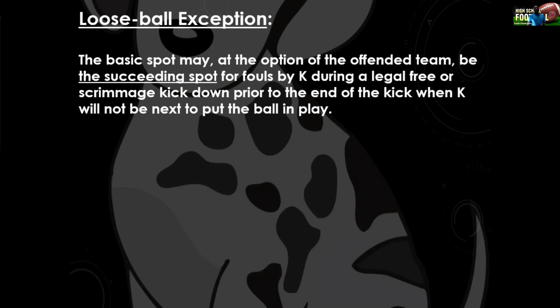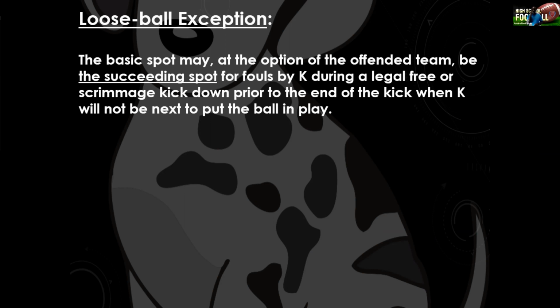All right. Loose ball exceptions. The basic spot may, at the option of the offended team, be the succeeding spot for fouls by K during a legal or scrimmage kick down prior to the end of the kick, when K will not be next to put the ball in play.